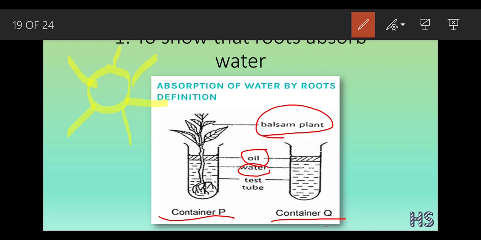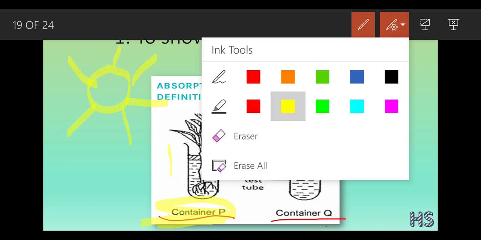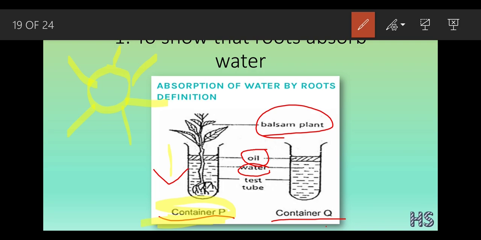After a few hours, this test tube P seems to lose water, but container Q remains the same. It hasn't lost any water. Why was there a difference in the two test tubes?